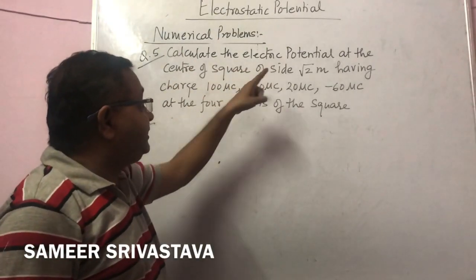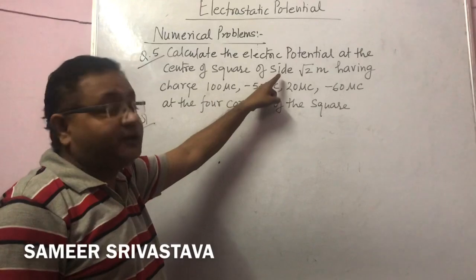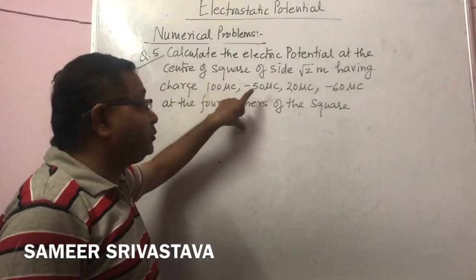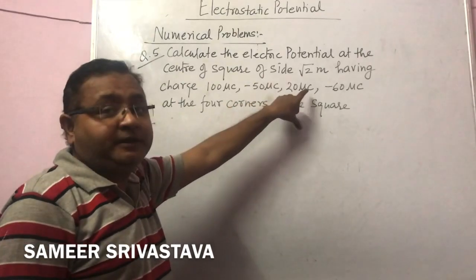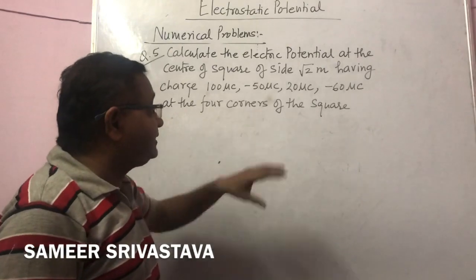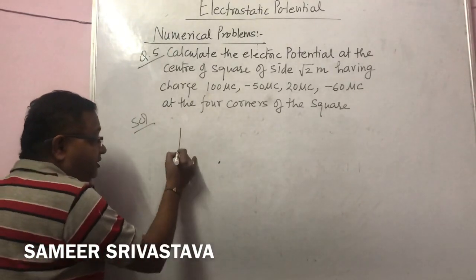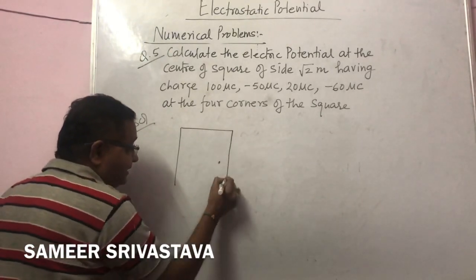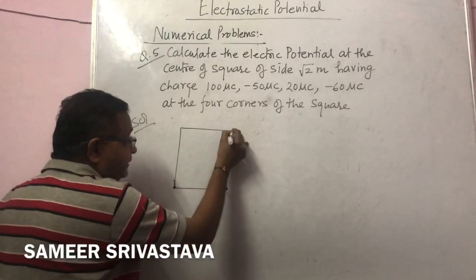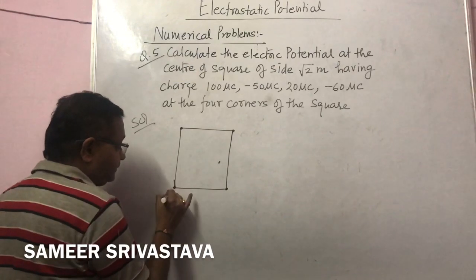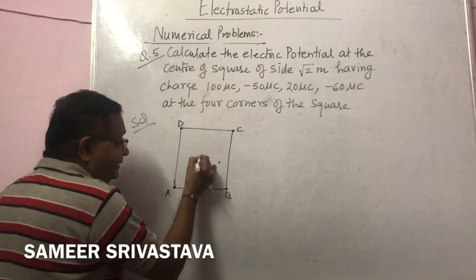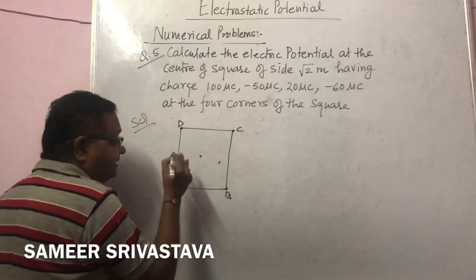Now question number 5. Calculate the electric potential at the center of a square of side root 2 meter having charges 100 microcoulomb, minus 50 microcoulomb, 20 microcoulomb and minus 60 microcoulomb at the four corners of the square. The question says there is a square with four corners A, B, C, D, and we have to find the potential at the center.